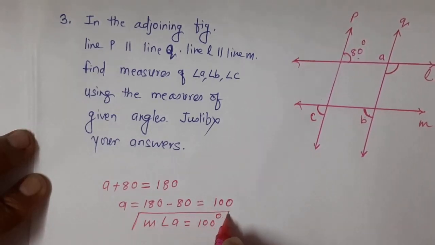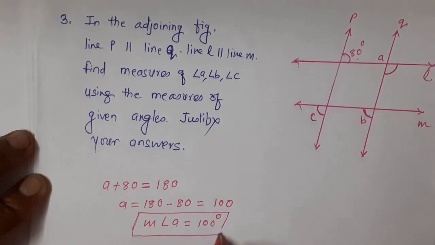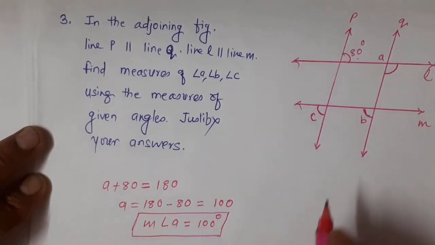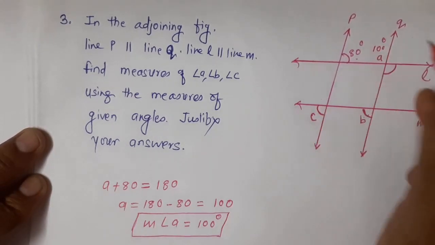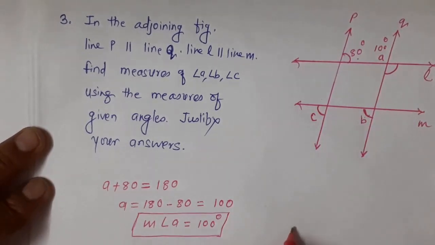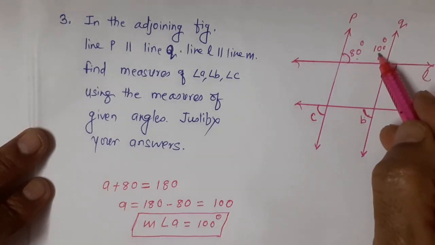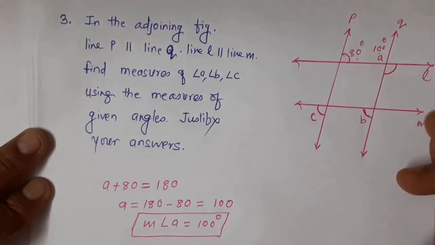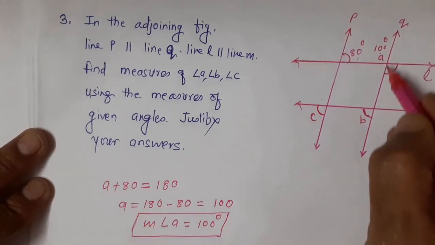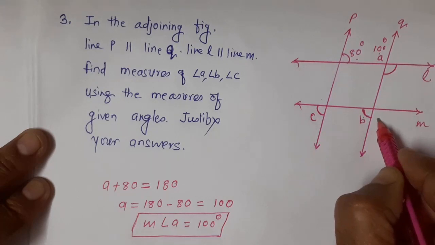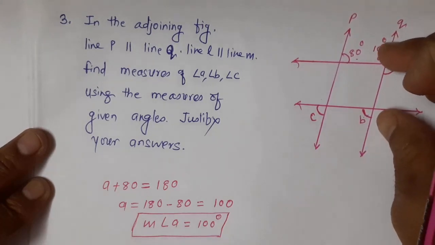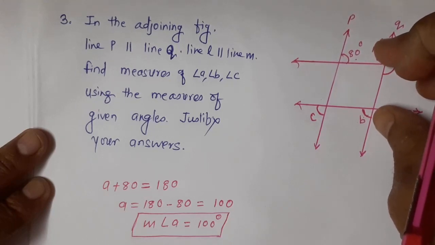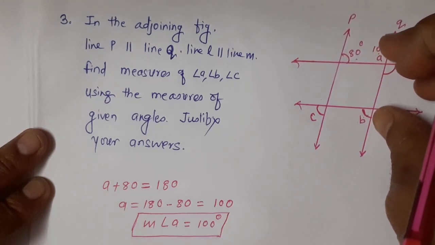This is our first. Then the second thing: this is 100 degrees. Now if you calculate this angle, both angles are equal.